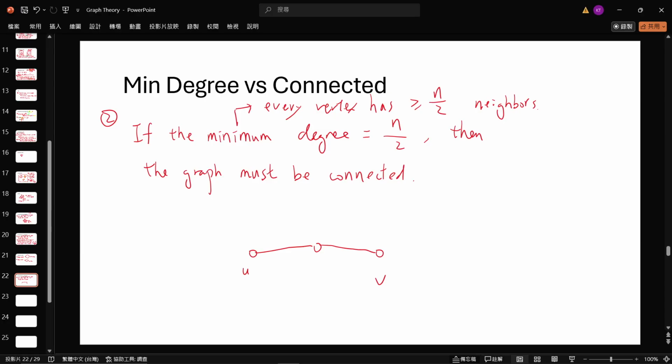So in short, for this kind of graph, it is not just connected. We can always find a common friend for any two vertices in the graph, okay?